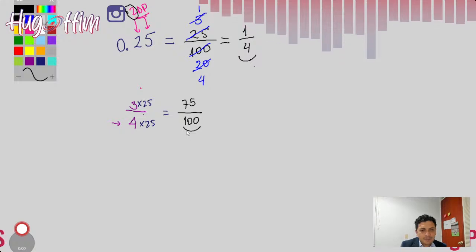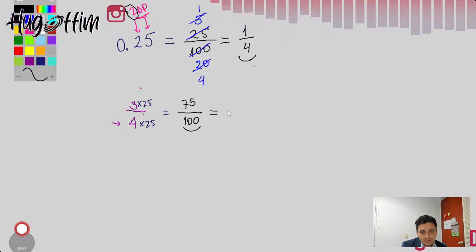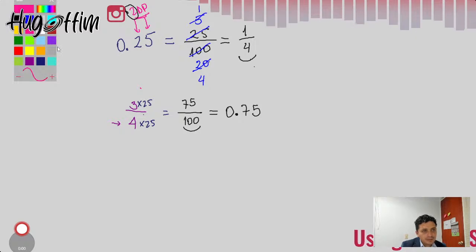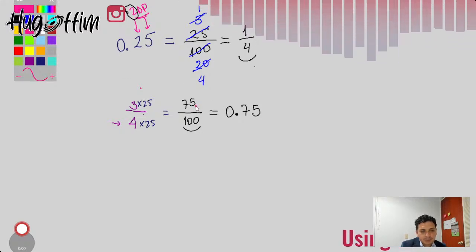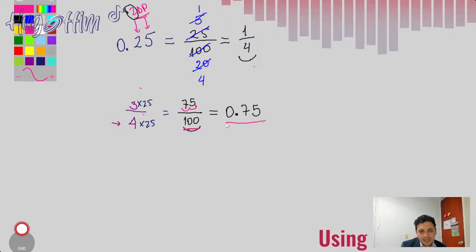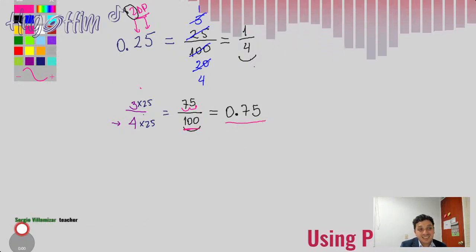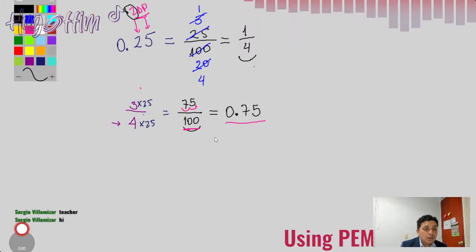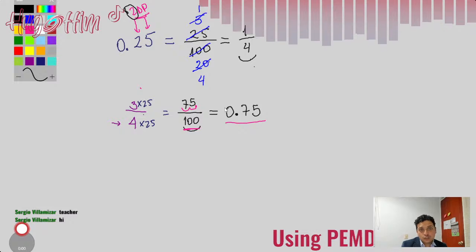And now that I have the power of 10, I just need to divide by 100, moving the decimal point twice to the left to get 0.75. Okay, so what I did was take the decimal point and move it to the left twice because it says 100, and I got 0.75. This is the other part of converting fractions to decimals.